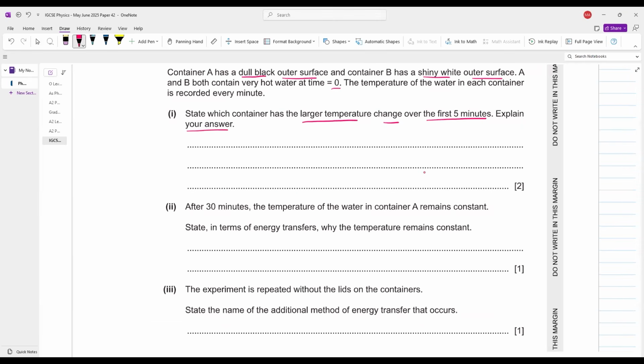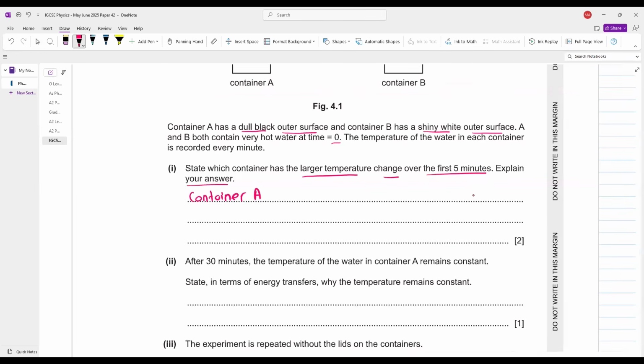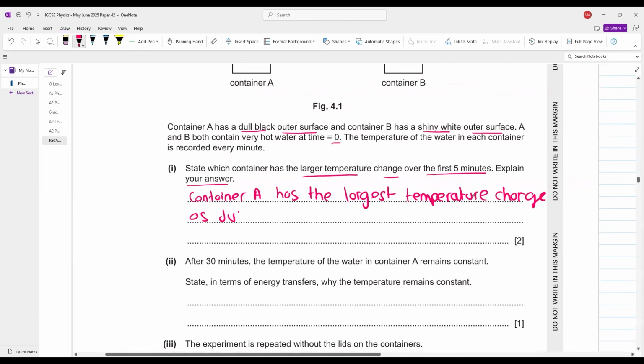You will say container A has the largest temperature change as dull black surfaces are good emitters of heat.